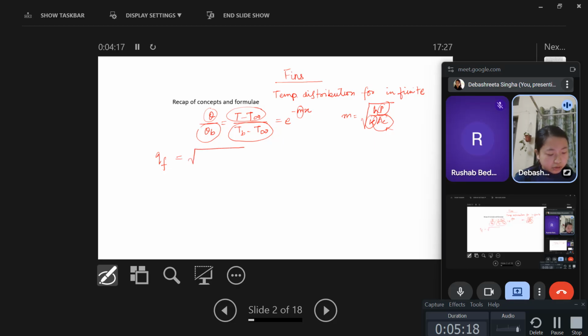This is given by root over hPkAc into theta b, where theta b is Tb minus T infinity.